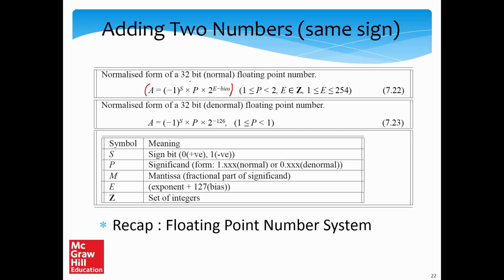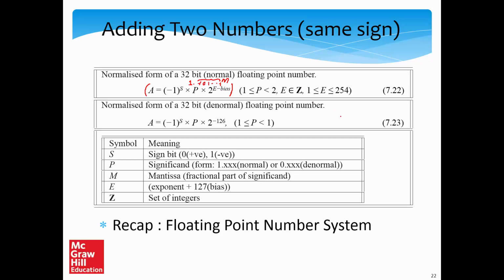Then we have a significand of the form 1 point, then 23 zeros or ones. This part is called the mantissa, and it can be any combination of zeros and ones, but just 23 of them. Then we have an exponent, which is stored in a biased notation, and the bias is 127.